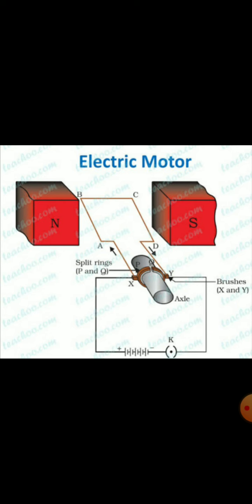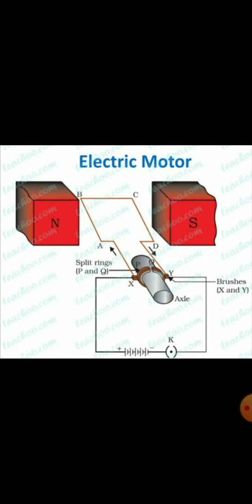Now, we know when there are poles of a magnet, surely there will be a magnetic field, and inside the magnet also magnetic field lines are there, where we have learned the magnetic field lines of a bar magnet. There we learned that inside the magnet the direction of magnetic field is from south pole to north pole, and outside the magnet it is from north pole to south pole.